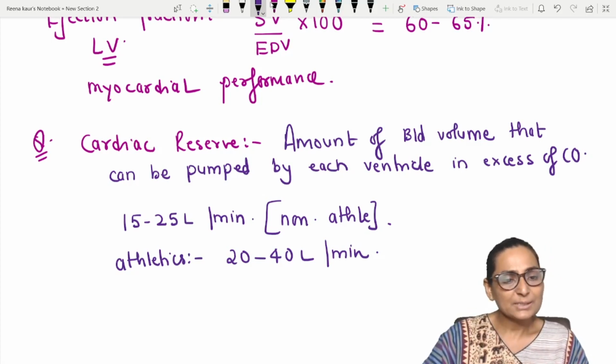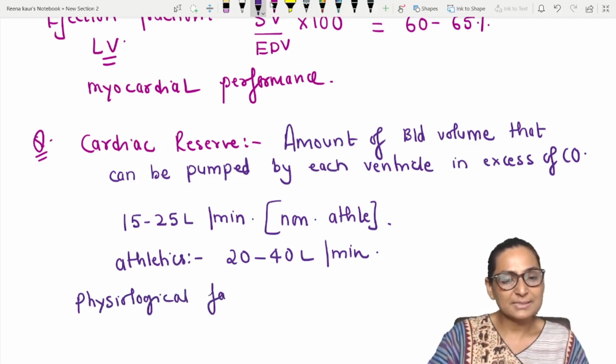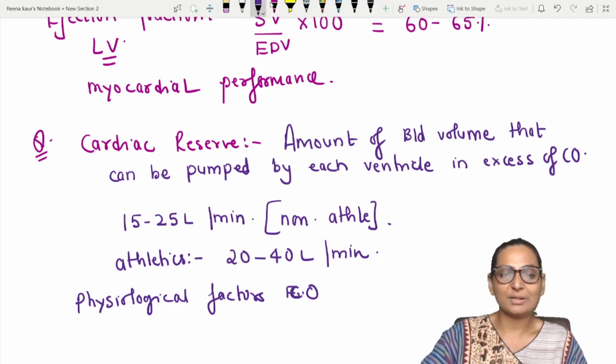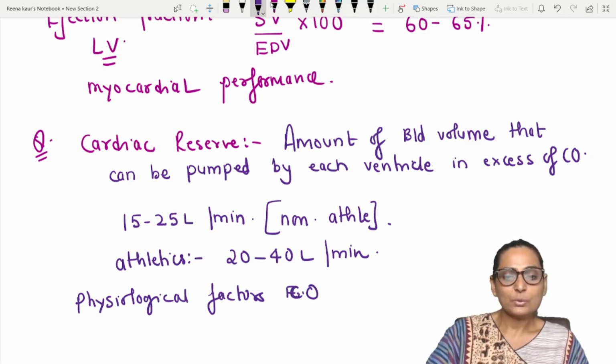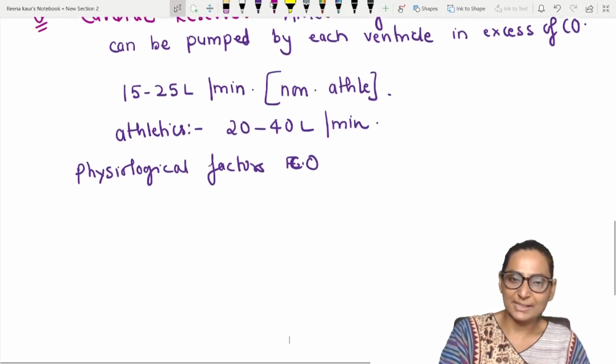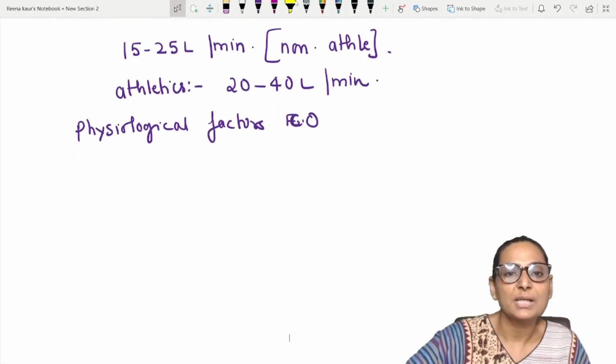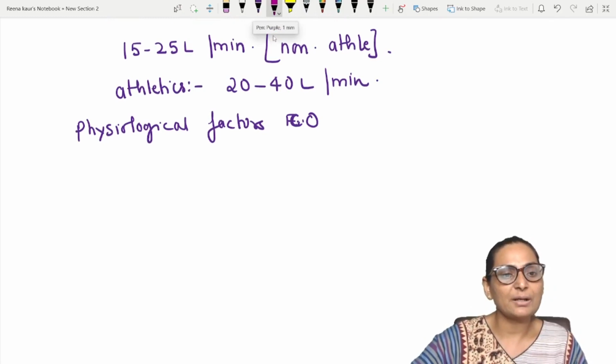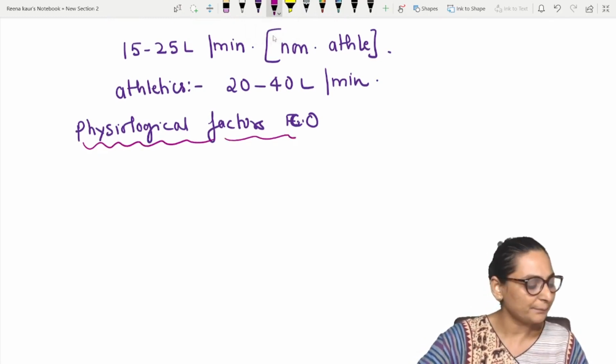But there is a question which says what are the physiological factors affecting cardiac output? Physiological factors, right? So it may not always be pathological that the cardiac output is increased or decreased. There can be certain physiological conditions which can affect your cardiac output.